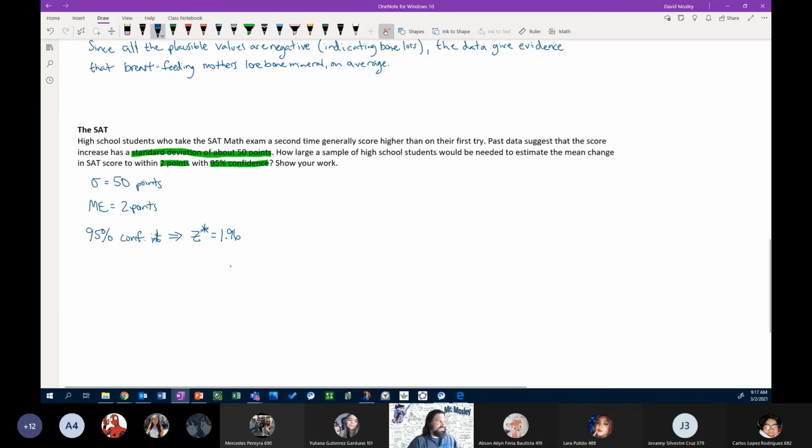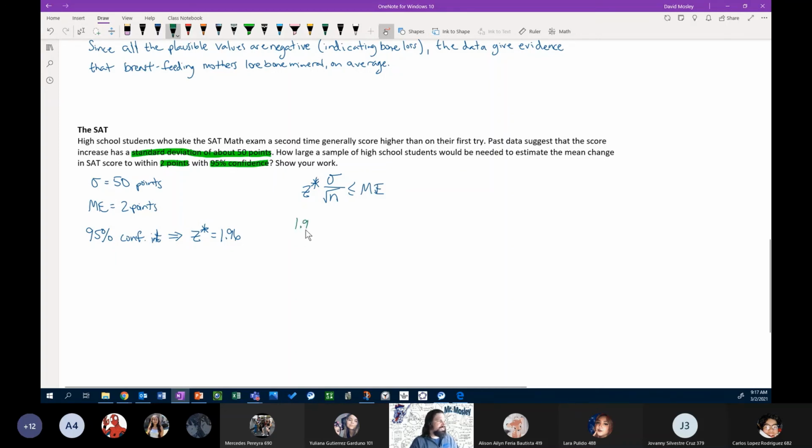All right, and so with this, I have everything I need to get started. We're going to solve for n, right? We have z star times standard deviation divided by square root of n is less than or equal to the margin of error. We're going to do all of our substitutions here.